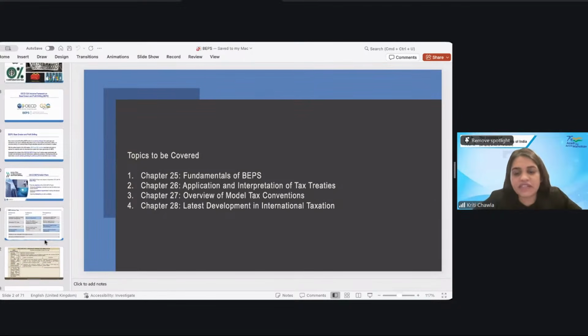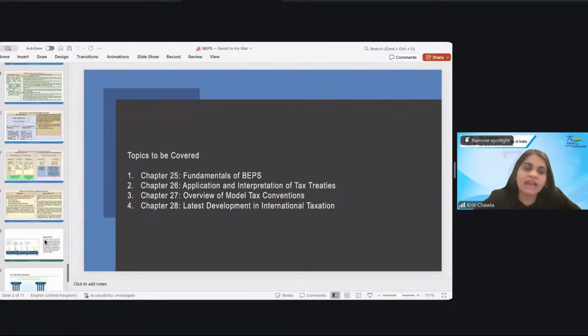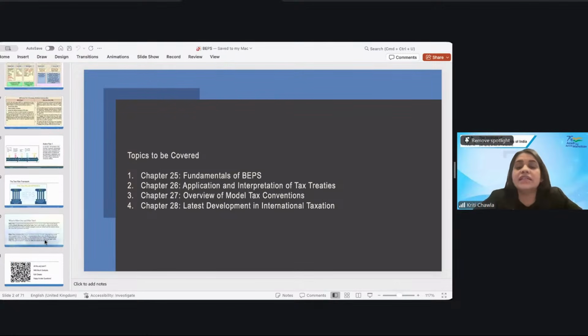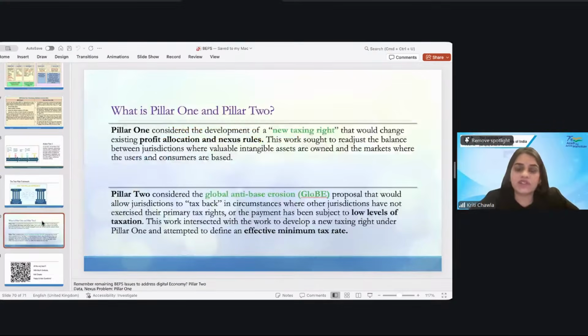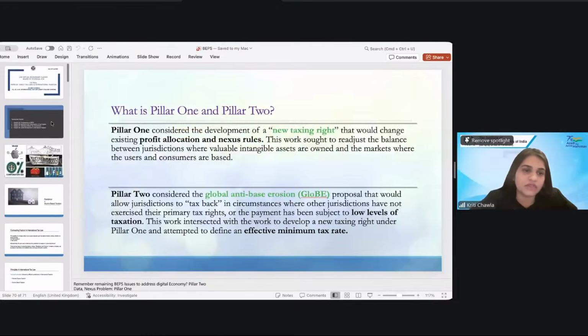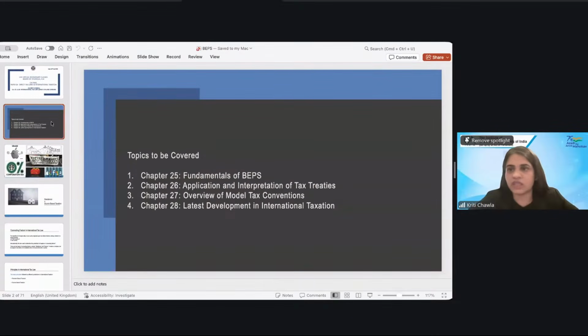After that, we will revise through the different action plans that have been introduced by BEPS. And finally, we will be talking about the latest developments in international taxation. Our primary focus, as far as the latest developments are concerned, is going to be on this two-pillar framework, which has been introduced as part of Action Plan 1. This is where we will be finishing up with these four chapters and revising the same.